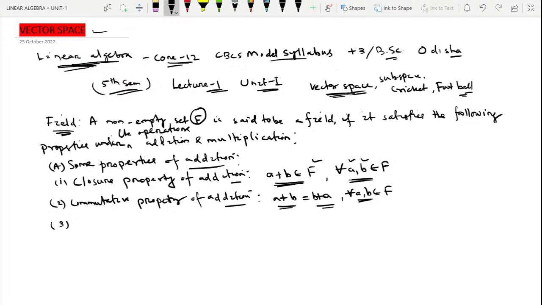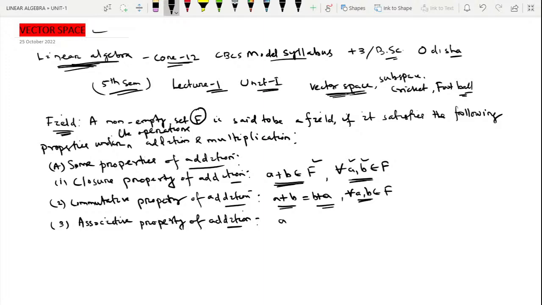Then third, the associative property of addition. What do I mean by the associative property?